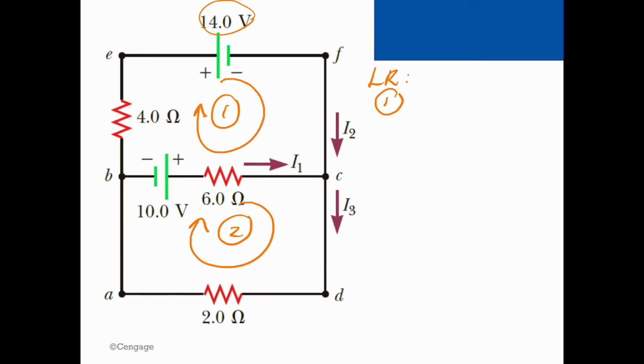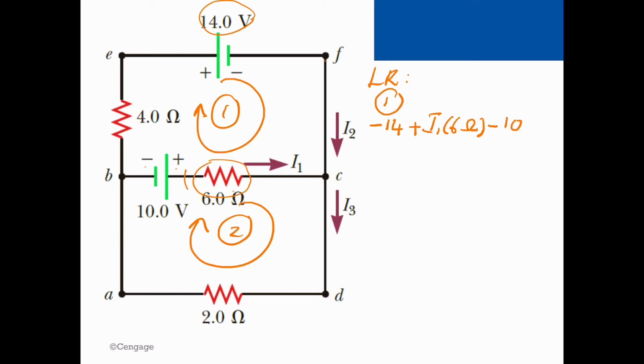Therefore, we have negative 14 plus I1 times 6 ohm. And then, from this 6 ohm resistor, the loop traverses from positive to negative. So we have another negative 10.